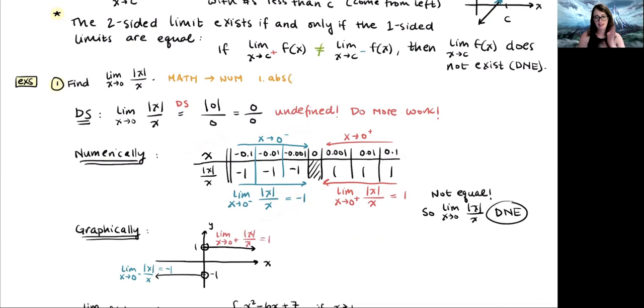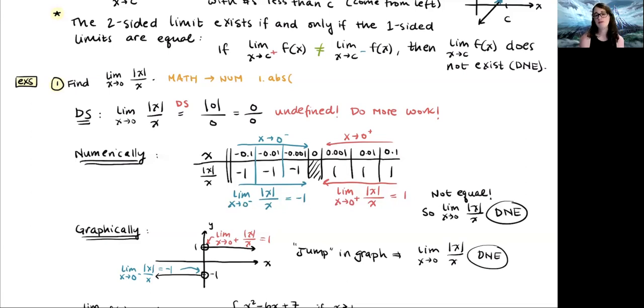And since there's this gap or this jump in the graph, and I should be clear, we're looking right here, that's where we're looking, then we would say that the two-sided limit does not exist. So we'll say jump in graph. The two-sided limit, the limit as x approaches 0 of the absolute value of x over x, is DNE. So we'll just write that.